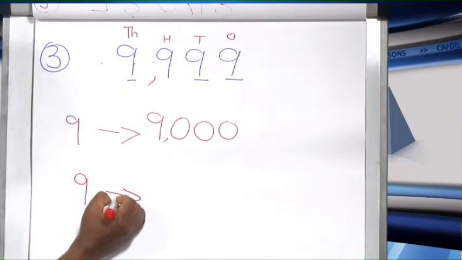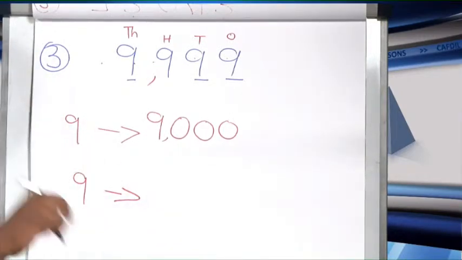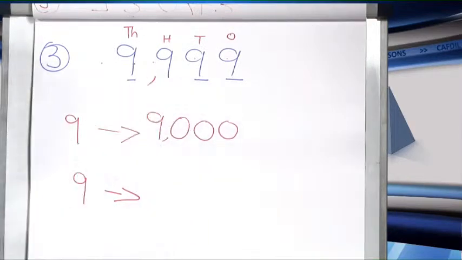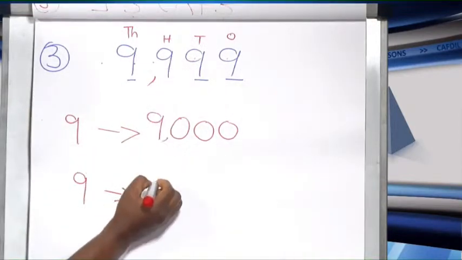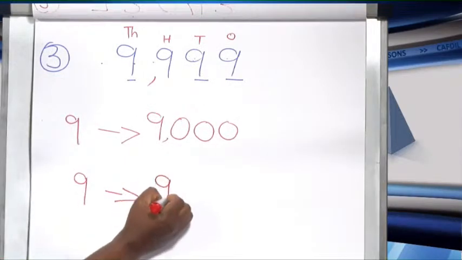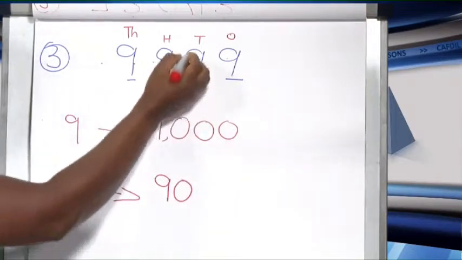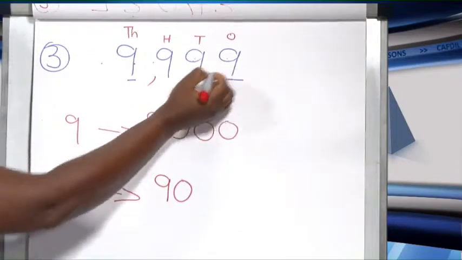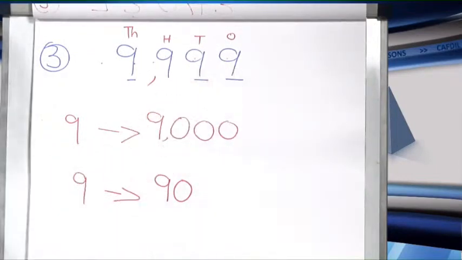That one too is 9, but different place, remember. Let's look at the place of this 9. It is 10 of the 9s. So you have 90. You write 9, assume this to be 0. And our last 9, what is the value?